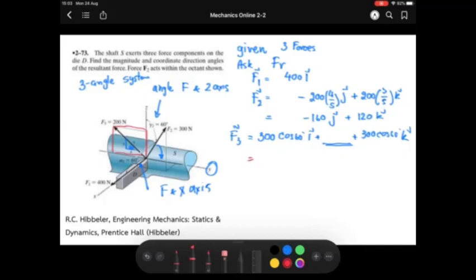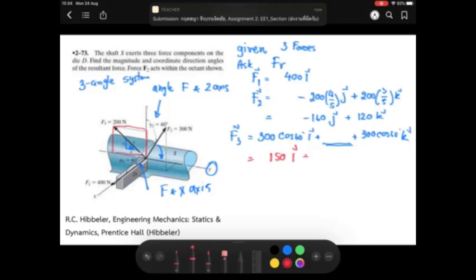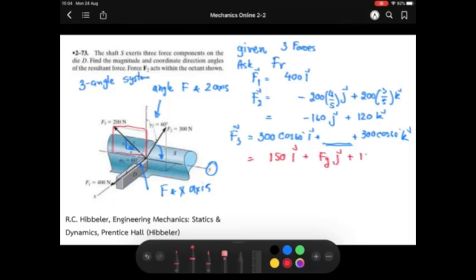So let's start by finding out the numbers here. We can write down F3 as 150 i plus, let's say Fy here, j, and then plus 150 k.